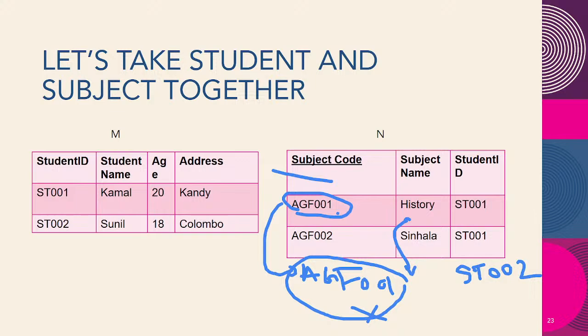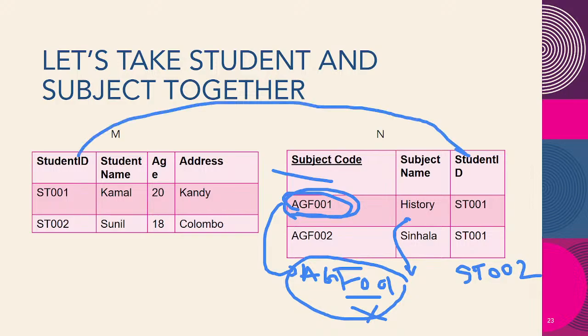It can only include this one time. AGF001 can only occur one time in the subject code. If you try to put AGF001 again, you can't do it. So if you try to put this student ID field in this table, that also does not work because of these anomalies.